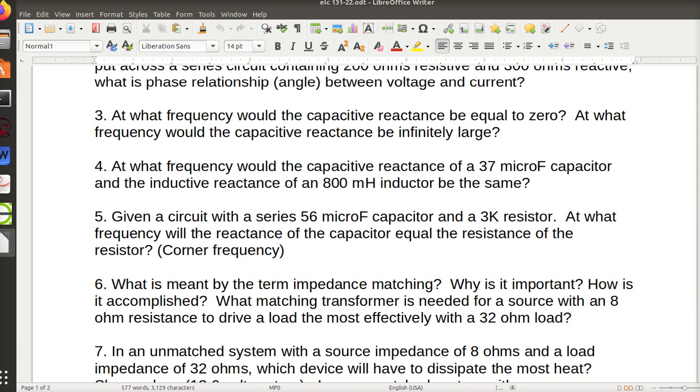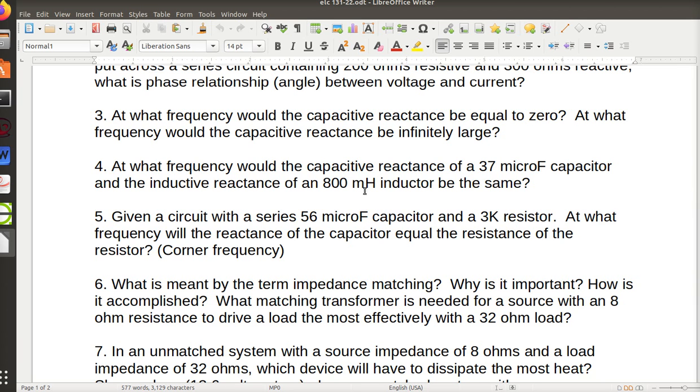Since they cross, there's going to be a frequency where their reactances are equal. That is a special frequency, and that's called a resonant frequency.